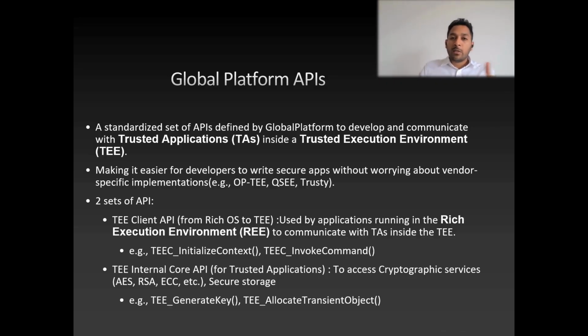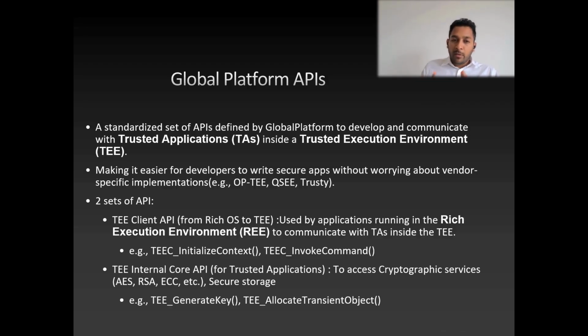This way your trusted application doesn't need to know the hardware resources or internal logic, it can just follow what's in Global Platform. It can just call those Global Platform core APIs to do the needful. For example, there are a lot of different TEE-specific implementations, like OP-TEE, QSEE, Trustee. Developers don't need to know any difference between them. They can just call these sets of APIs.